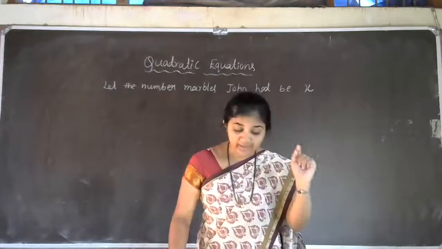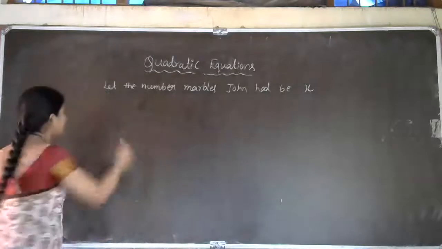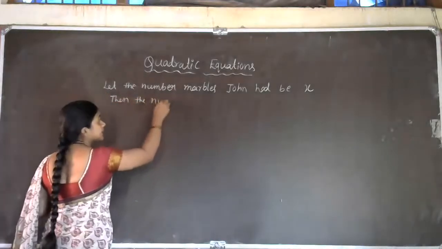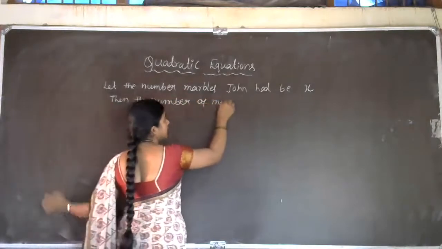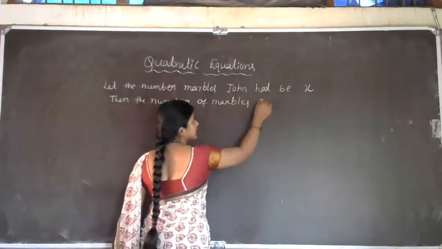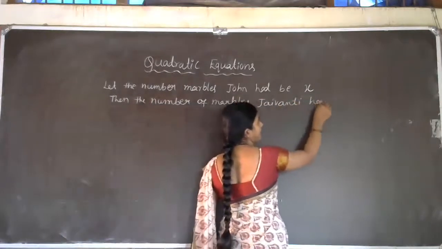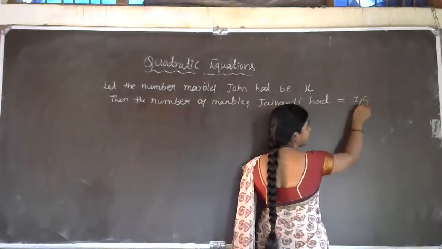So how to write that one? Then the number of marbles Jaivanti had is equal to... Together they have 45 marbles.